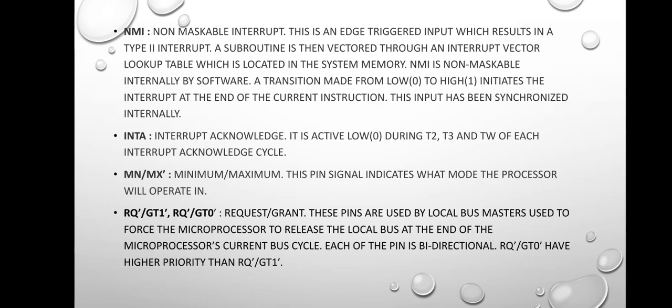RQ bar/GT0 bar has higher priority compared to RQ bar/GT1 bar. This is the use of the request and grant pins.